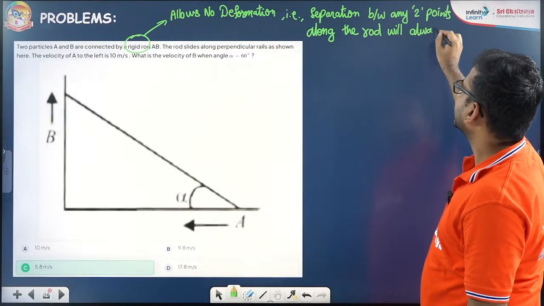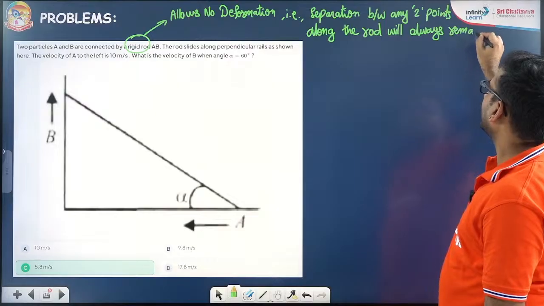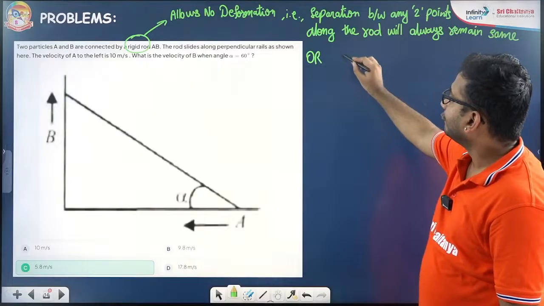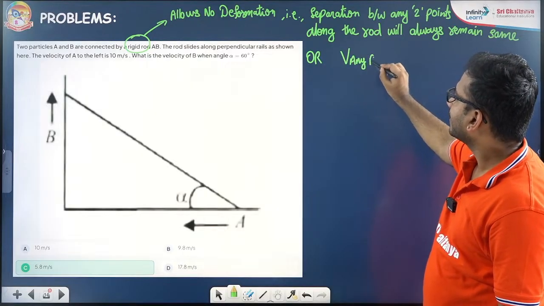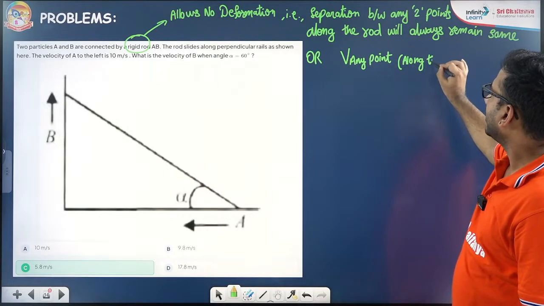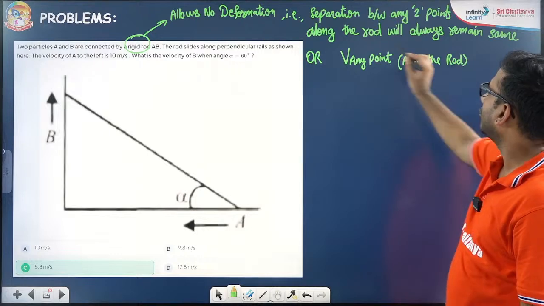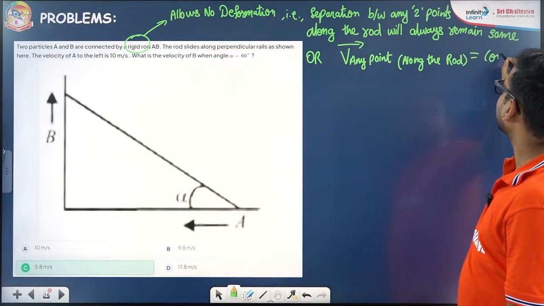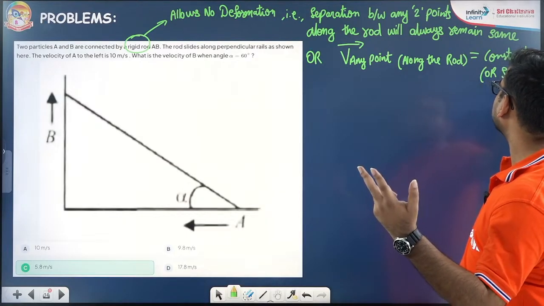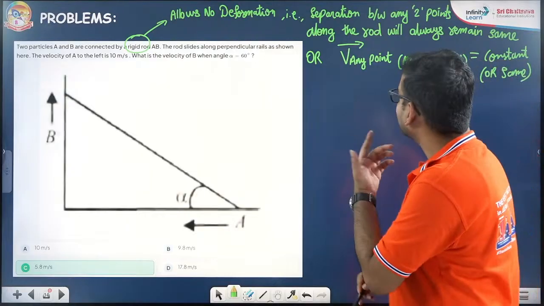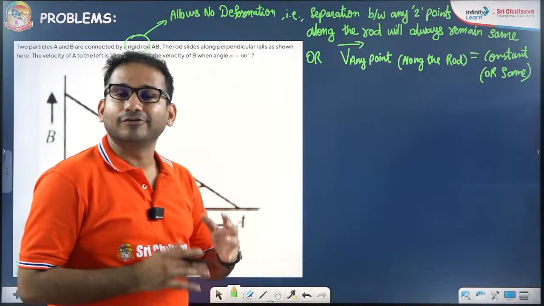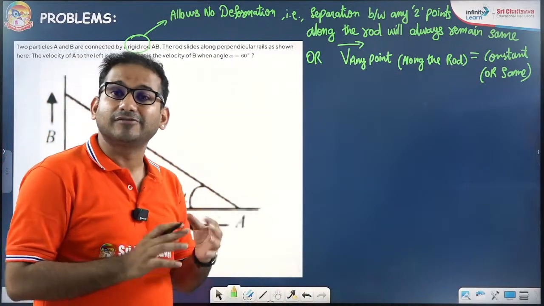Or in other words, you can also say the velocity of any point of the rod along the rod is going to be constant. And if it is constant or the same, any 2 points you consider must have the same velocity along the rod, which means the relative velocity VA minus VB will be 0.